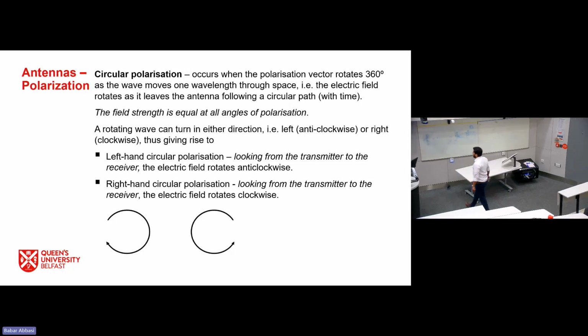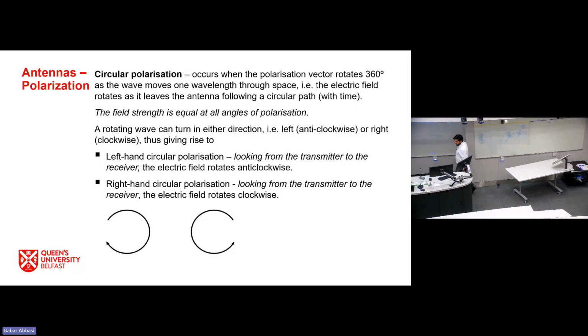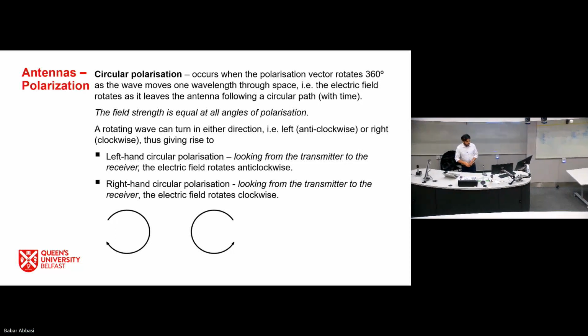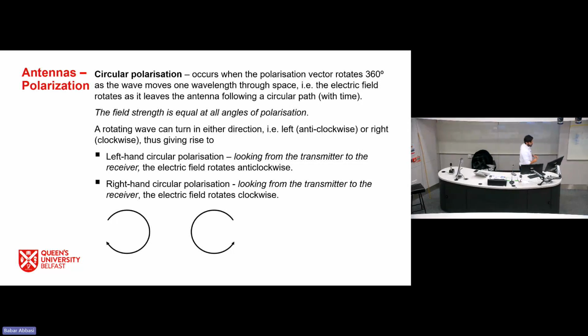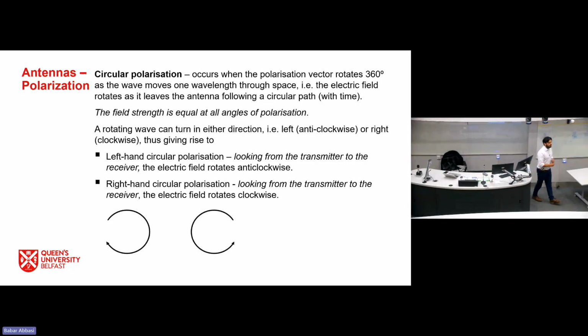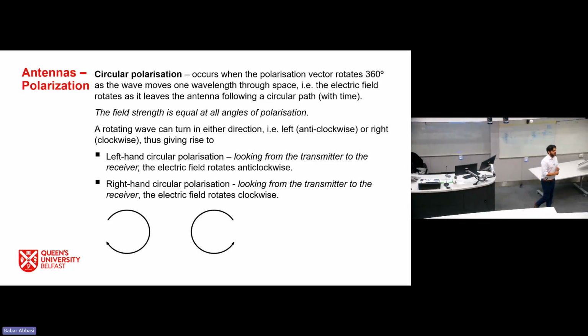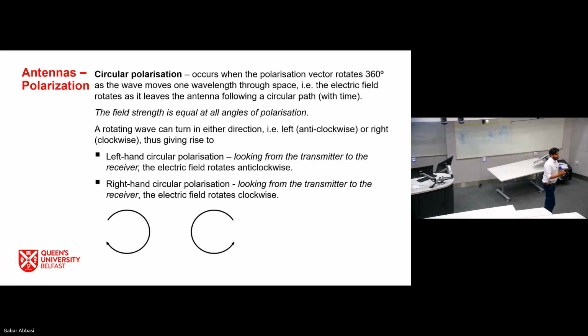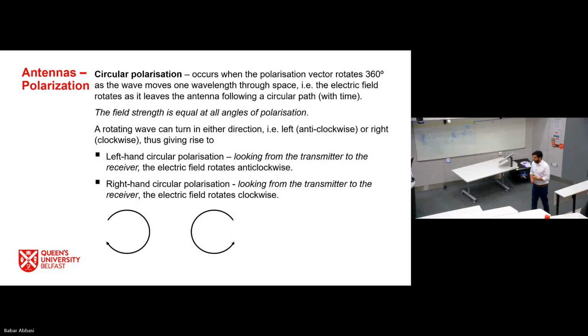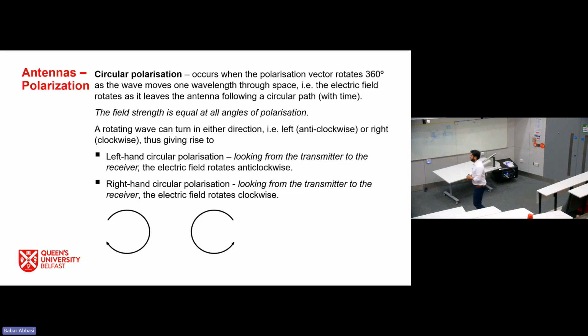So it depends on what kind of application you're interested in. Some applications like to use a circular polarization signal because they don't want energy to be not received by anything.